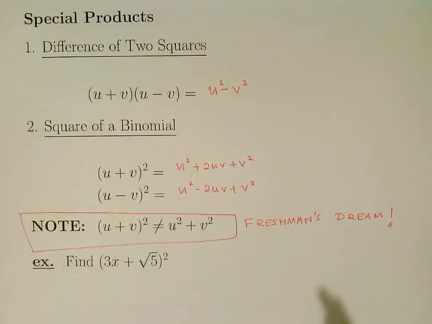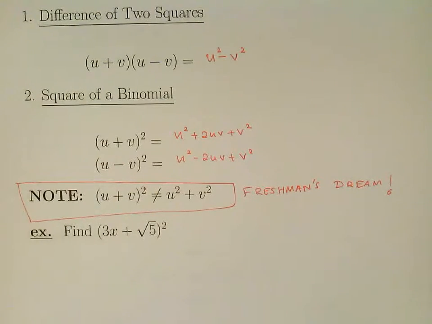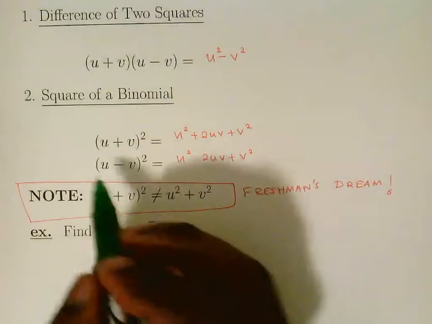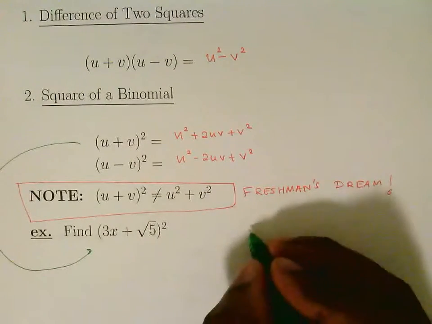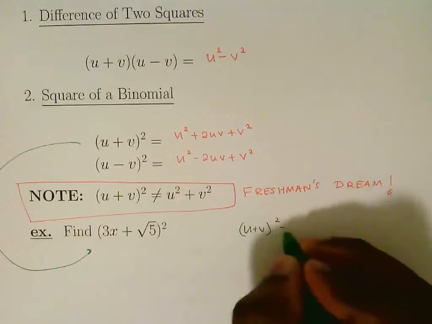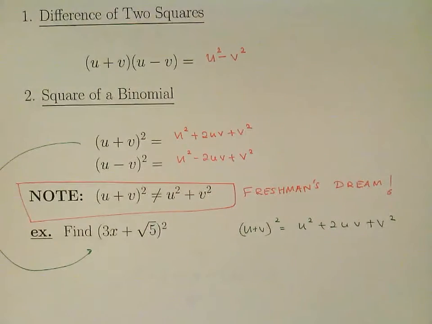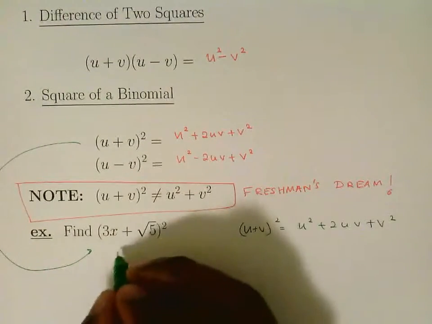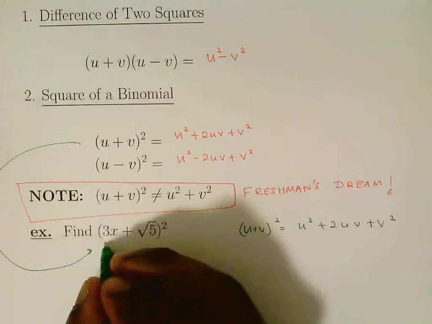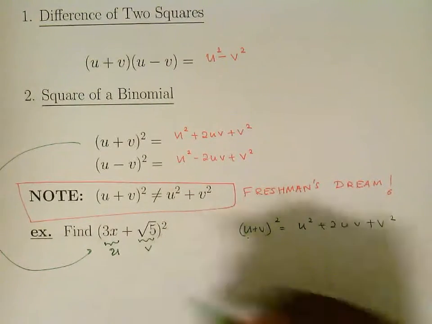All right, so let's see how we apply this to this single example right here. Use the formula. The formula gives you u plus v squared is equal to u squared plus 2uv plus v squared. When you compare, you can see this is your u and this is your v.